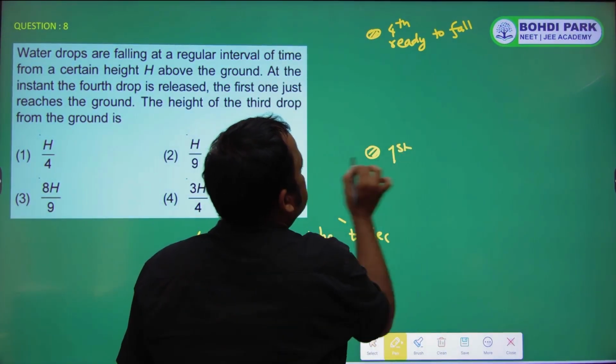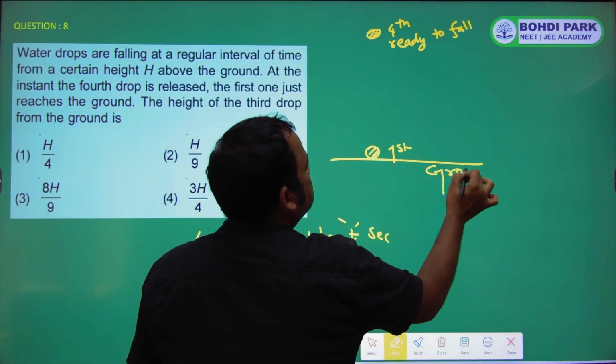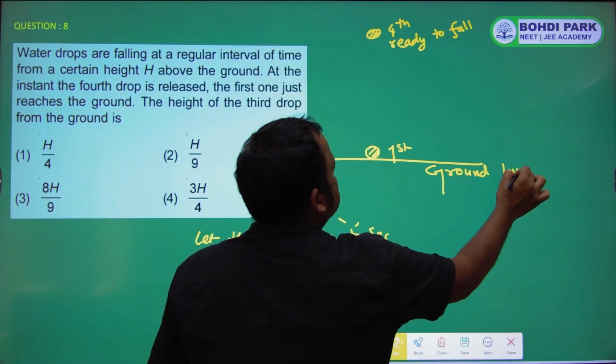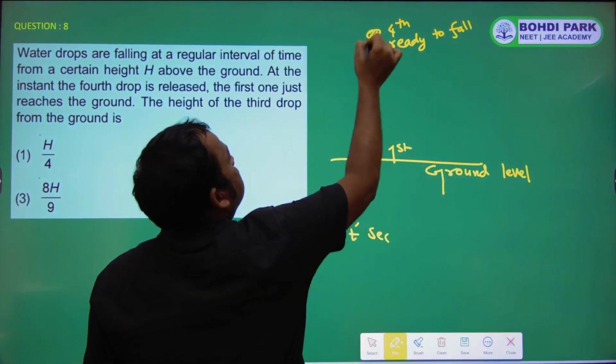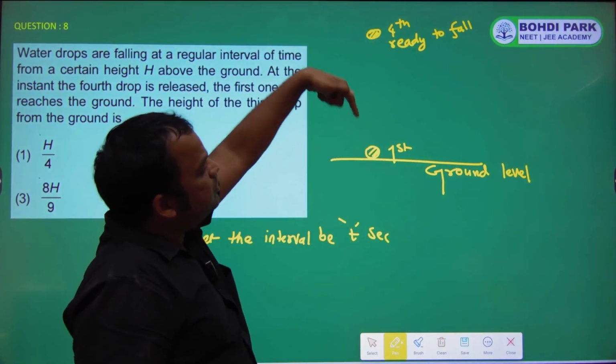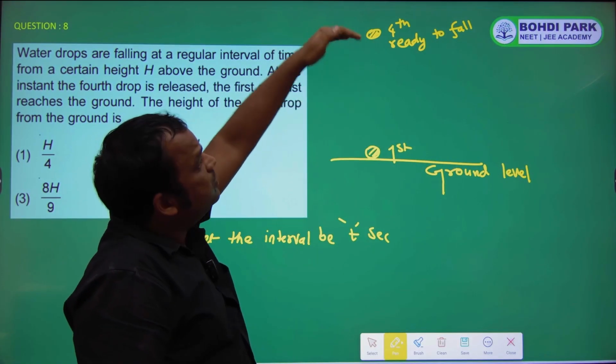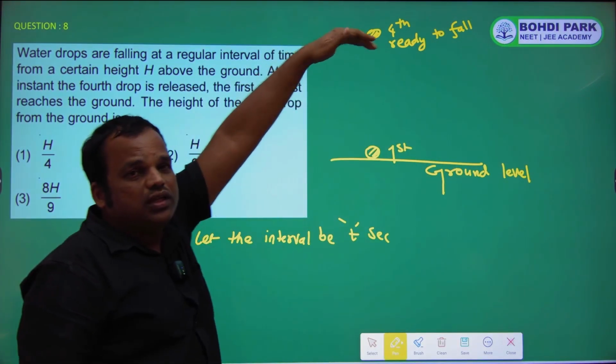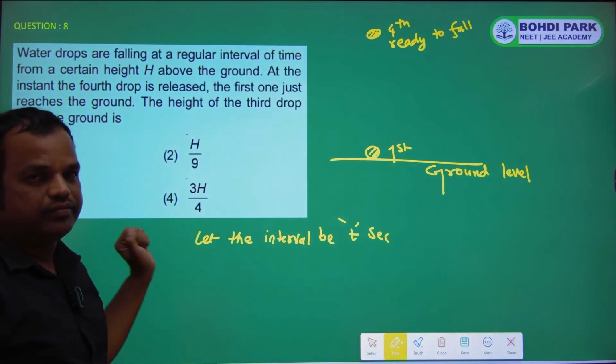So this is the first, and this is the ground level. So basically the time taken by the first drop when the fourth drop is ready to fall is 3t.